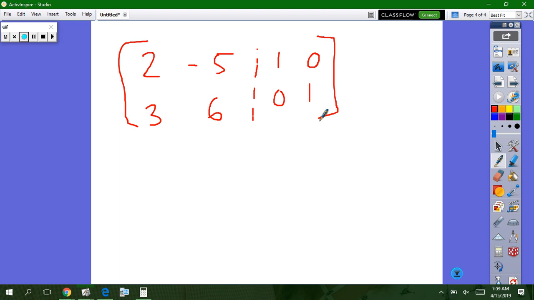Okay, and what I'm going to do is perform reduced row echelon form. Then on the right side, when I am done, see how the right side right now is the identity, right? Does everybody see that? When I do reduced row echelon form, the left side will look like the identity, and I'll have a matrix on the right side. That right side matrix will be its inverse.